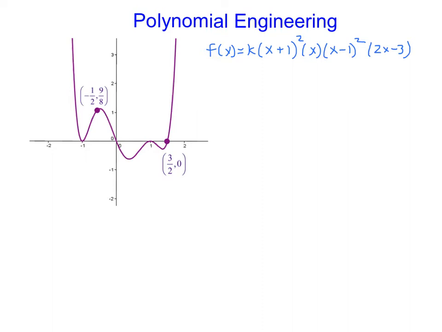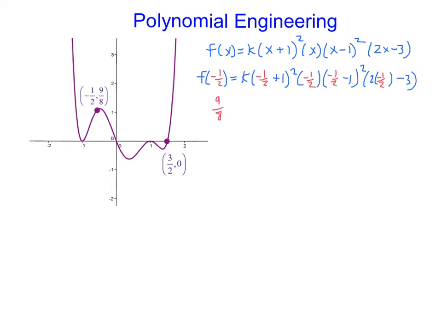Okay, so we know that it also goes through the point up here, -1/2, 9/8. So I'm going to plug in -1/2 for all those x values. And this is just a whole big lot of substitution here. Now I actually know that f of -1/2 will eventually produce the 9/8.